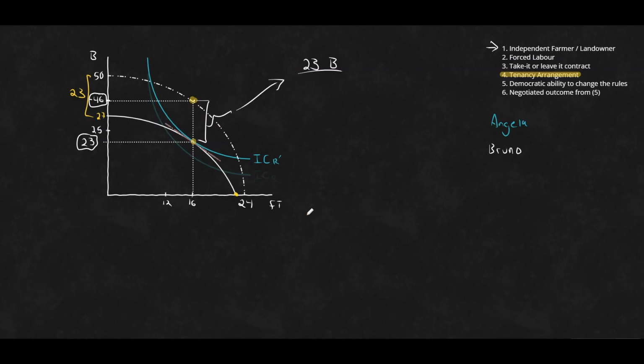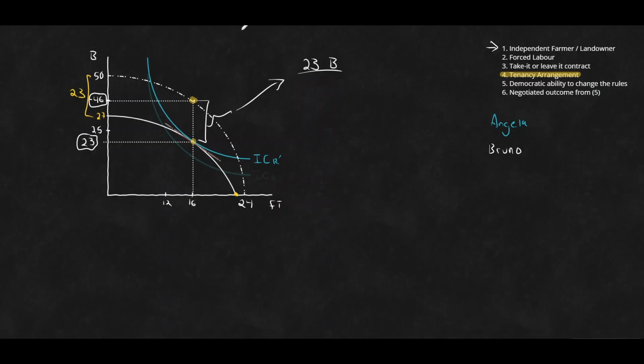So again, we just see a different rule, a different way to organize this agreement between the owner of the land and the one who ends up working it, and how, depending on how we set it up, we can get the exact same outcome for Angela in terms of the amount of time she ends up working, her reward versus Bruno's reward.